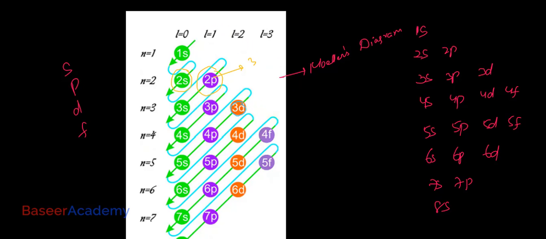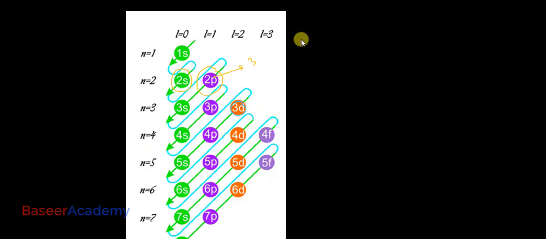Using this Euler's diagram, let us write down the electronic configuration. See, electronic configuration is pretty simple. Let us say I have magnesium. The atomic number of magnesium is 12, which means that it has 12 electrons. The first 2 electrons will go into 1s orbital.